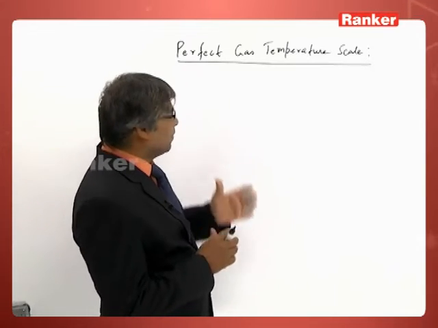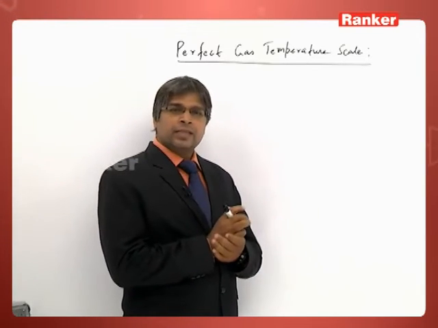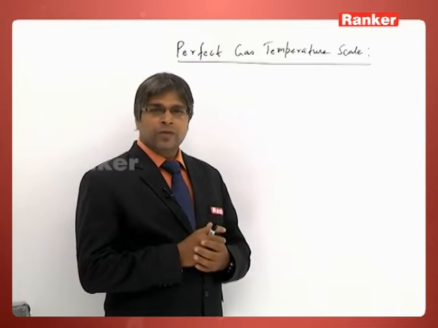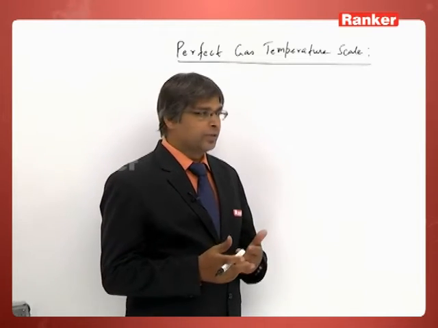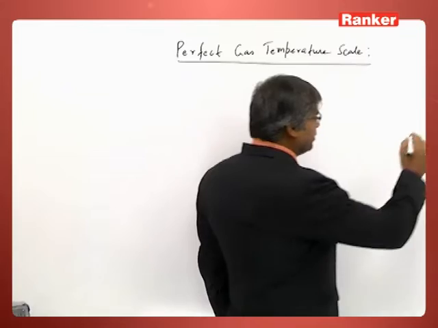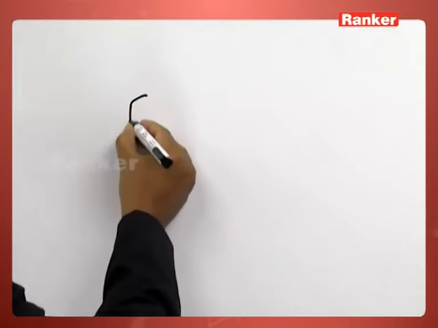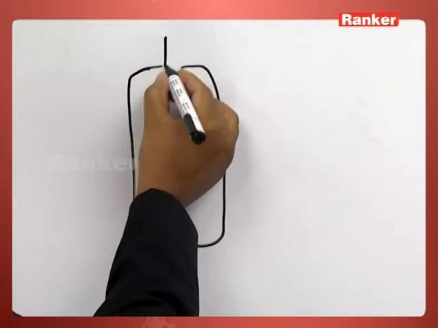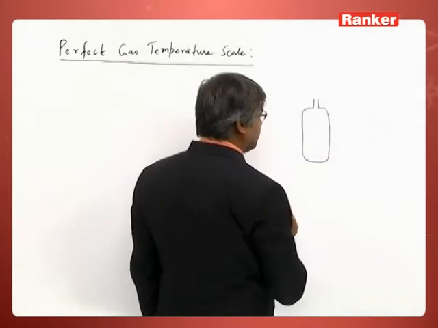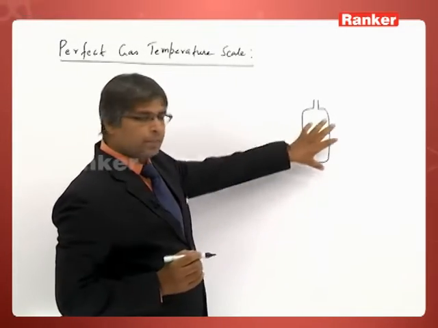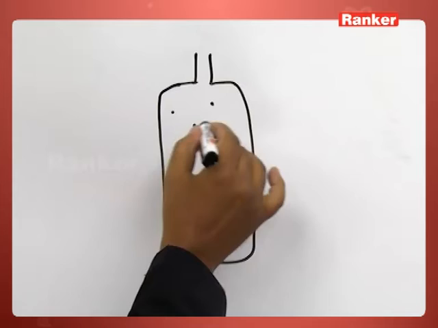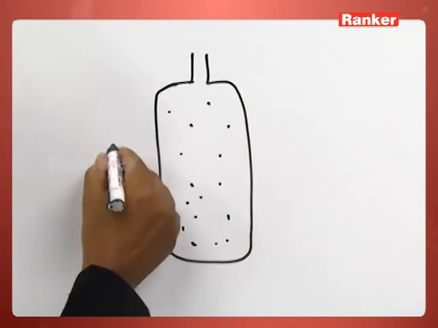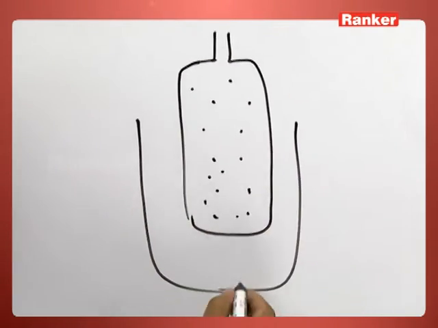Now one question is there: if the gas is different in the thermometer, will the readings differ or not? So now let us do an experiment. This is our thermometric bulb of the constant volume gas thermometer, which contains some gas.